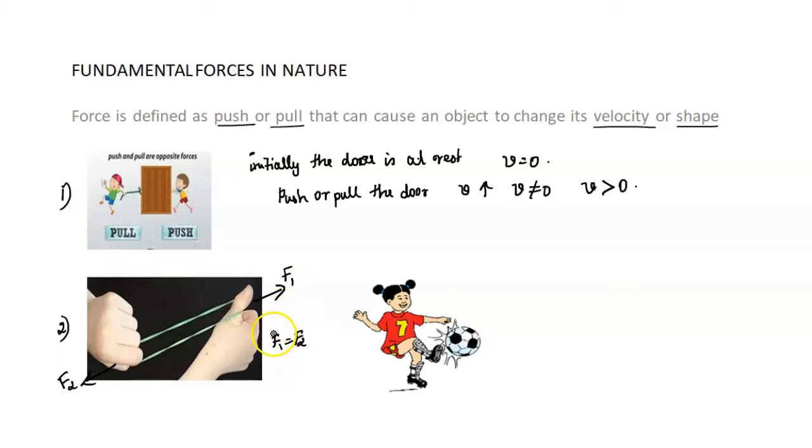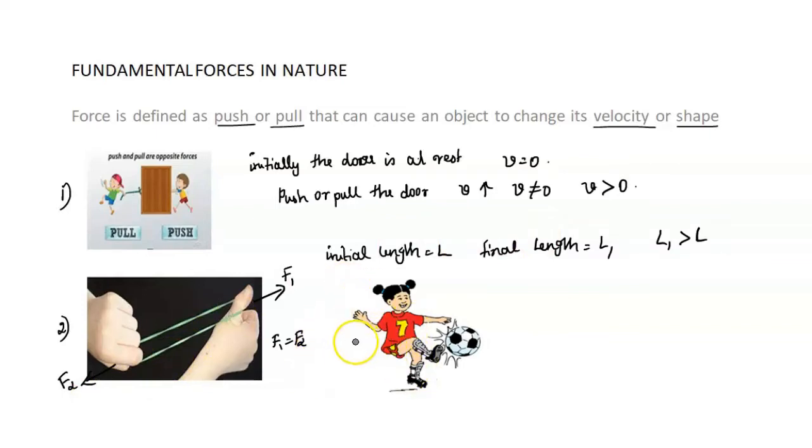The length of the rubber band increases. Suppose the initial length of the rubber band is L and the final length after pulling the rubber band is L1, then L1 must be greater than L. As a result, the shape of the rubber band gets changed.